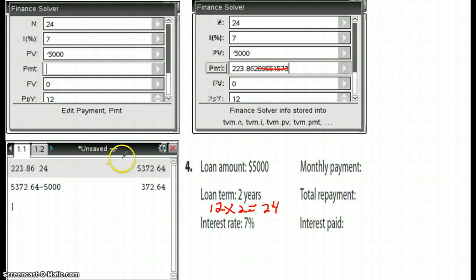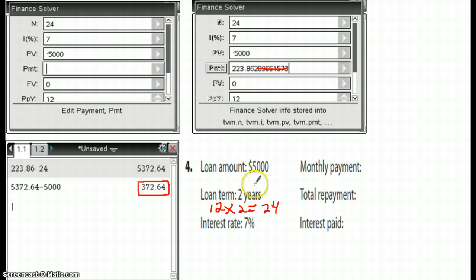Okay, so then I'll create another calculator document and multiply 223.86 times 24, and I will get the total amount that I'm going to pay, which is $5,372.64. I'm going to subtract 5,000 from that total, and I'm paying $372.64 for the loan.